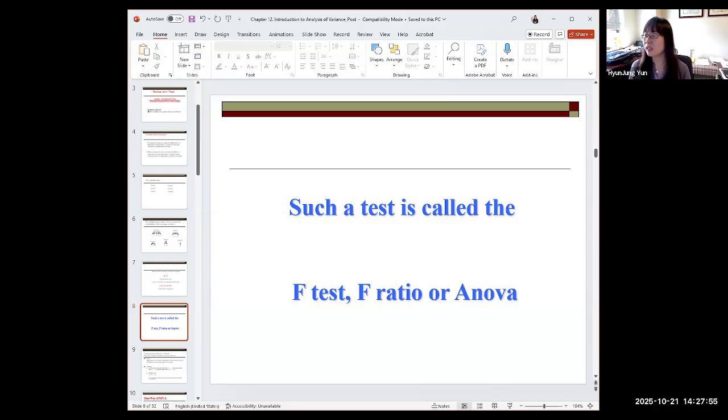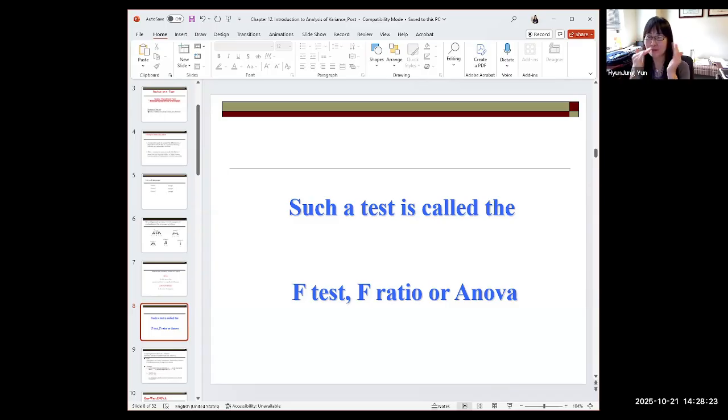Also, some statistical textbooks, especially those in statistics departments, are more statistics oriented rather than application oriented. They use the term F ratio test in place of ANOVA, but it's the same test.